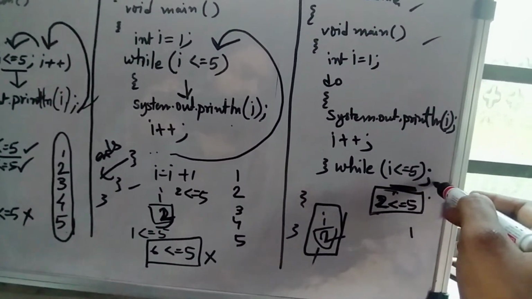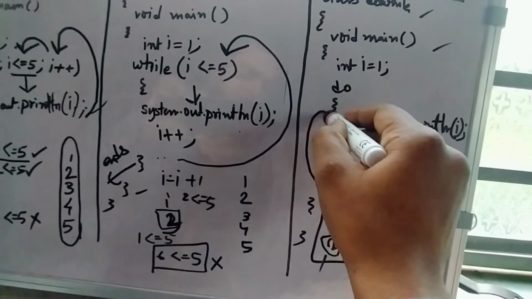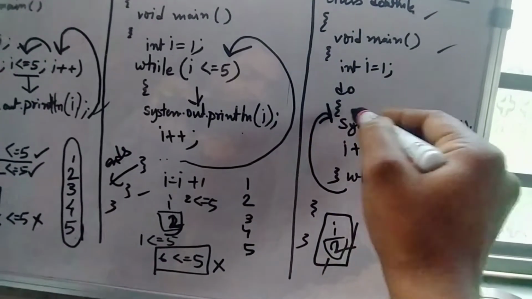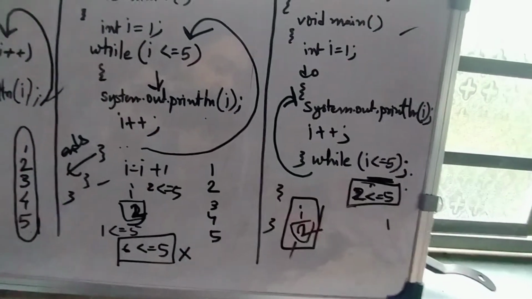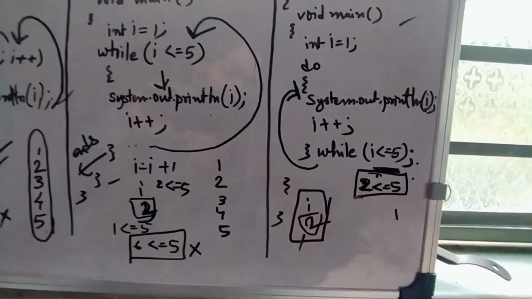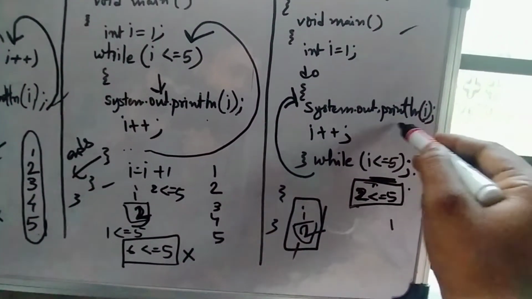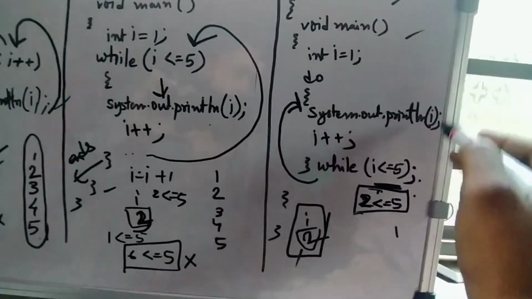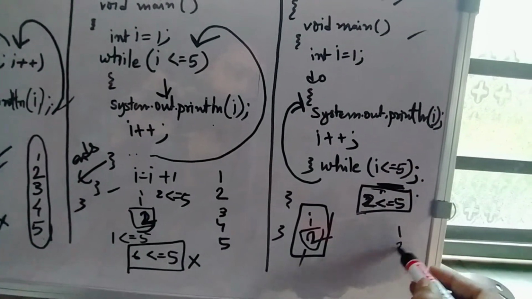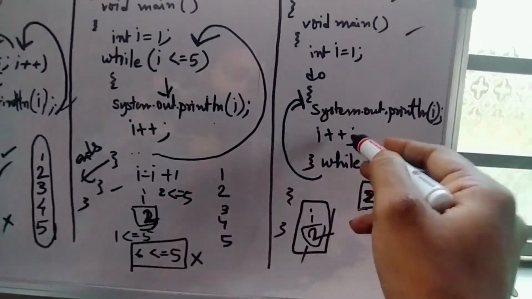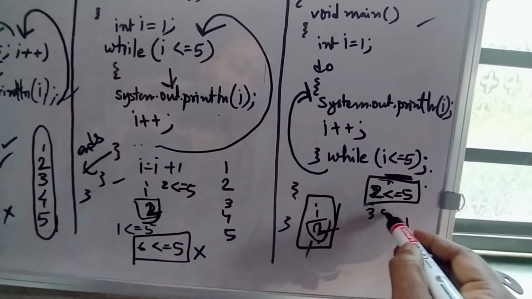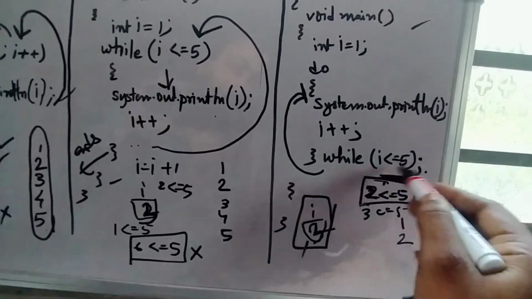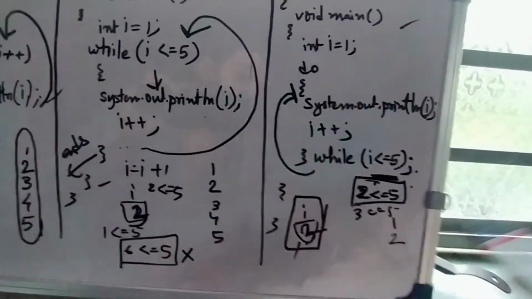Then what will happen? It will go to just after the starting of this loop. What we see is the printing statement, so 2 is printed, and now 2 is increased by 1, that is 3. 3 less than or equal to 5, the condition matches. Again 3 gets printed.